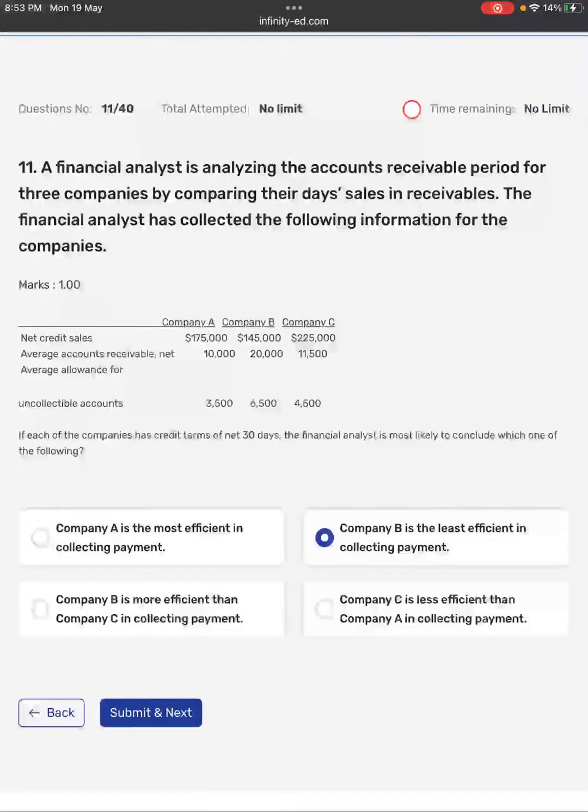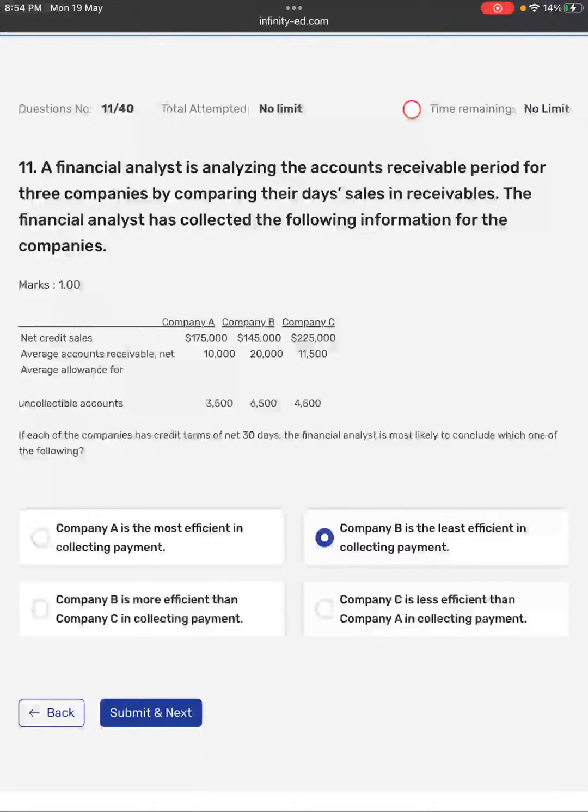Company B, because how can we calculate the day collection period? When we calculate the receivable turnover ratio, we divide 360 by that ratio. Company B is 145,000 divided by 20,000, equal to 7.25. 360 divided by 7.25 comes to 49 days.